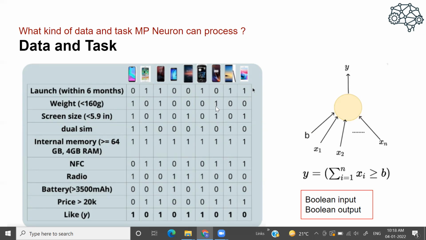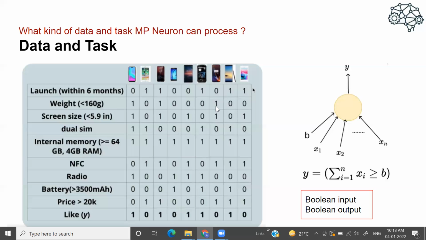If it is launched within 6 months, I'll say that it is 1. If it is not launched within 6 months, I'll say it as 0, right? So the whole point is, even if we don't have binary data, we can still make it binary by doing some feature engineering. Definitely we lose some amount of information in this process, but that is fine if at all we want to solve that particular problem by using MP neuron.